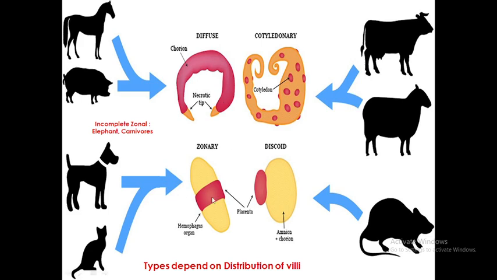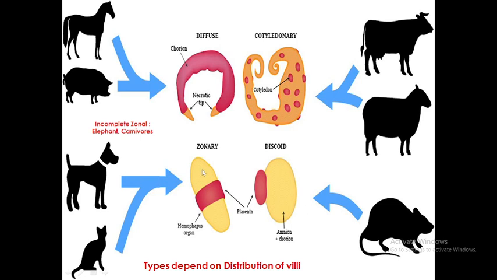In the case of a zonary placenta, the chorionic villi surround the embryo in the form of a girdle. There may be one girdle or two girdles depending upon the type of animal. So the zonary placenta is present in the dog, cat, as well as the elephant.